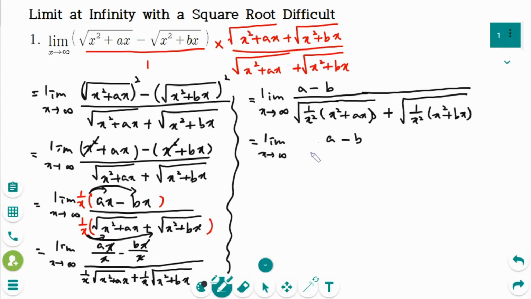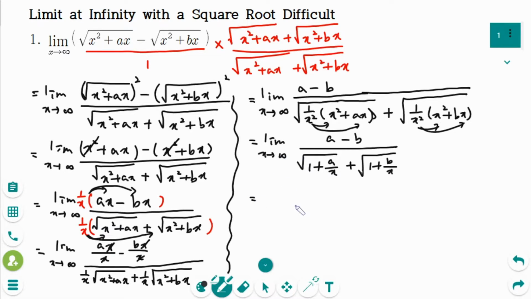And then simplify. This one is 1 plus a over x plus this one is 1. This one is b over x.